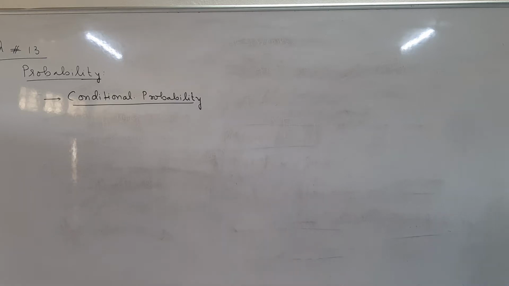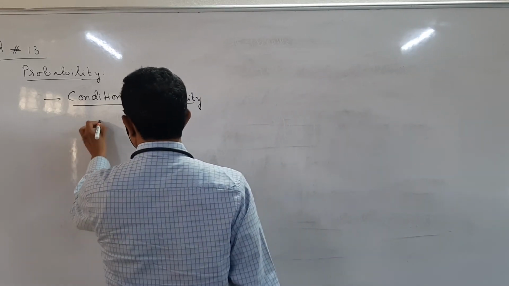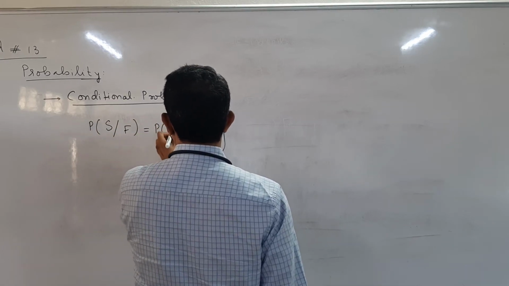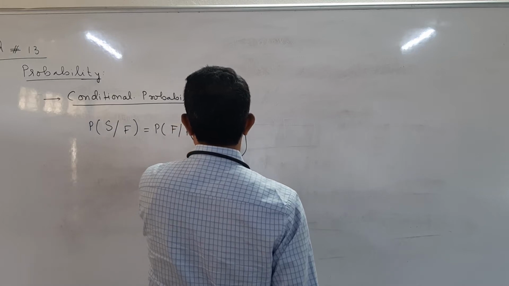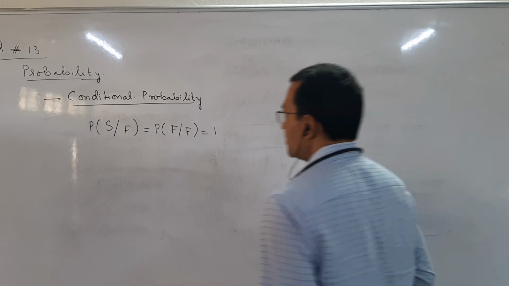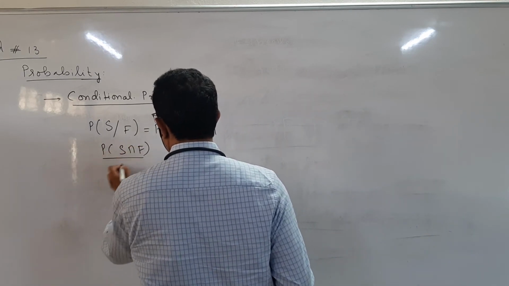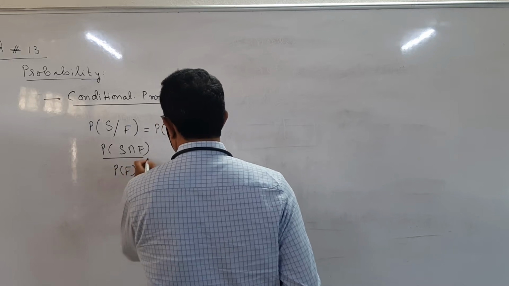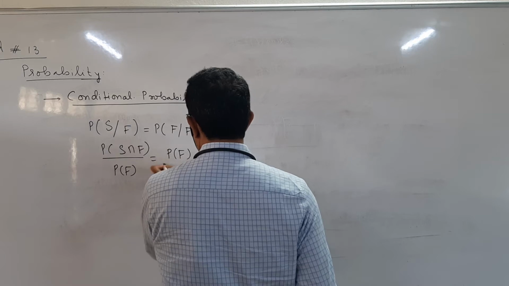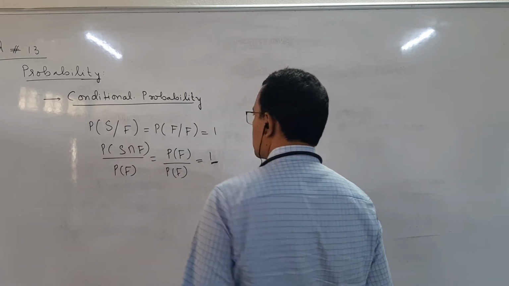The first property is P of S given F is the same as P of F given F, equal to 1. Now see, students, probability of S given F is P of S intersection F upon P of F, and S intersection F is P of F itself. P of F upon P of F is 1. So the answer is 1.